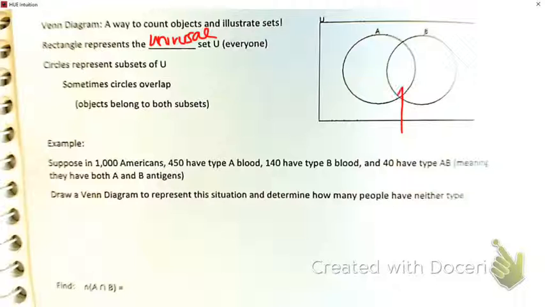Whenever you talk about this right here in the middle, that's A intersection B. When you did this in English or social studies, that was the part they have in common. It's the part that they share. Whenever it asks you to find A union B, you add those three parts together.